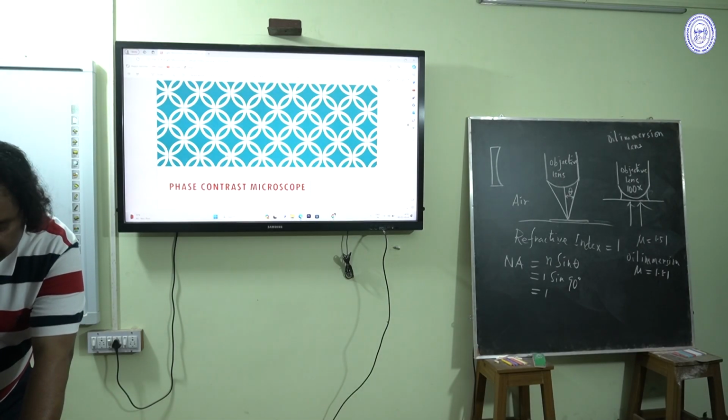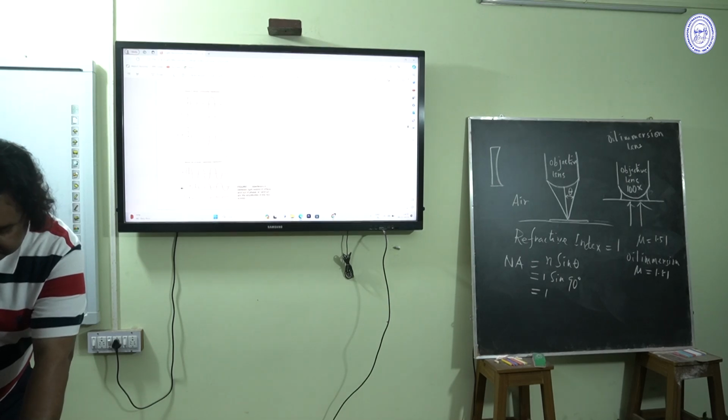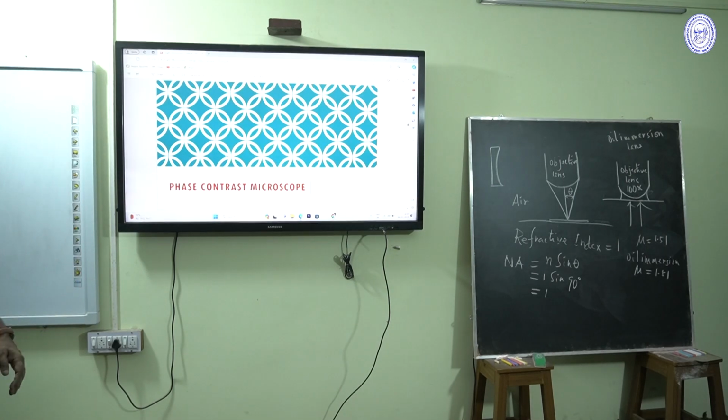Now I am coming to the phase contrast microscope. In case of the light microscope, there are some limitations. In a light microscope, fixation is needed. Fixation may be heat fixing or chemical fixing that kills microbes. And stain is applied.